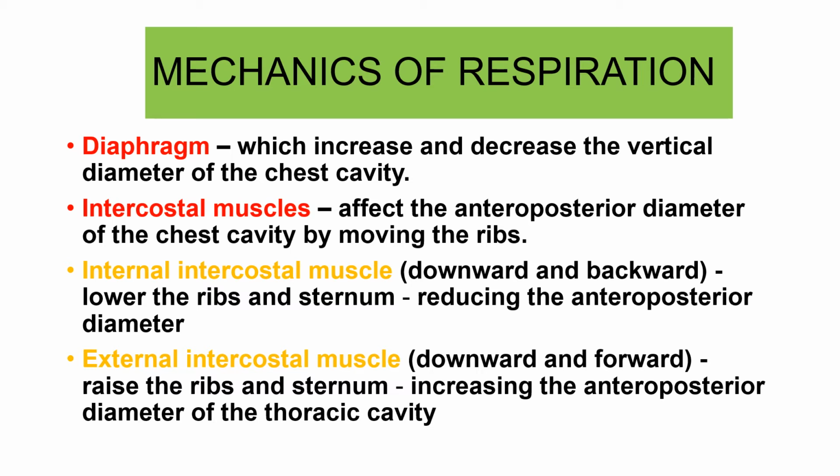Internal intercostal muscles move downward and backward, lower the ribs and sternum, reducing the anterior posterior diameter, while external intercostal muscles raise the ribs and sternum by moving upward and forward, and thus increase the anterior posterior diameter of the thoracic cavity.